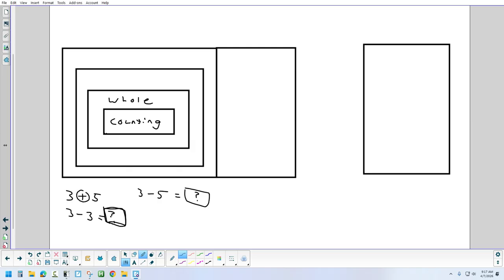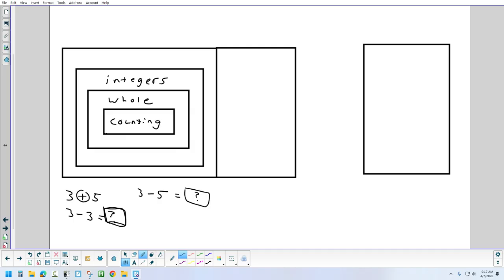If I gave this to somebody in first grade, they'd say, well, you can't do that. You're not allowed to take away more than you started with. Well, maybe if you only know whole numbers, but if you understand other kinds of numbers, you can take away more than you started with, and that gives you a negative number. But not everybody knows about negative numbers when you start learning numbers. So that's the next set of numbers that we go to.